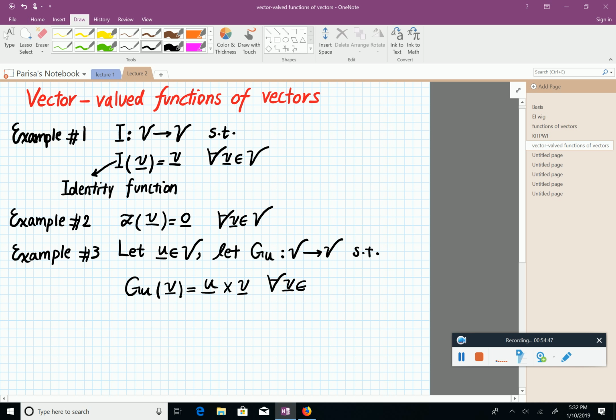So that's a particular u. For every vector in vector space, it cross products that u with that v. And we talked about cross product.